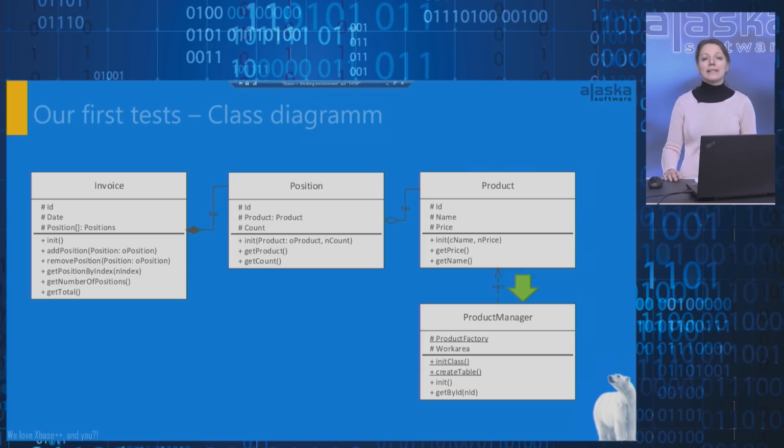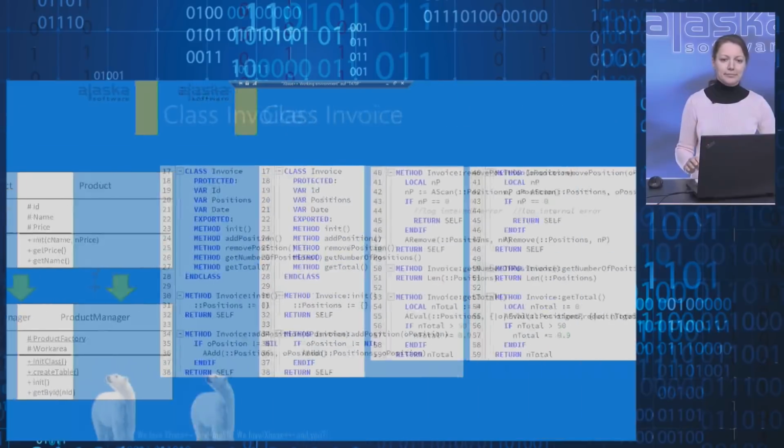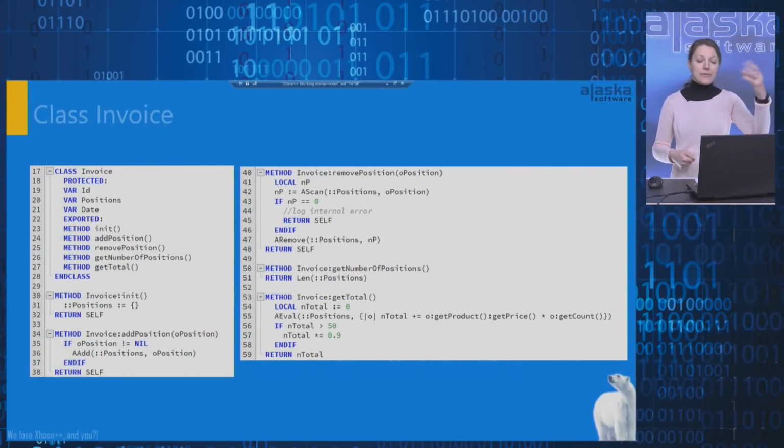As you see, the classes Product and Position are very simple. And I would like to take a closer look at the class Invoice. Let's walk through the code. In the method init, each instance of this class is initialized with an empty array of positions.